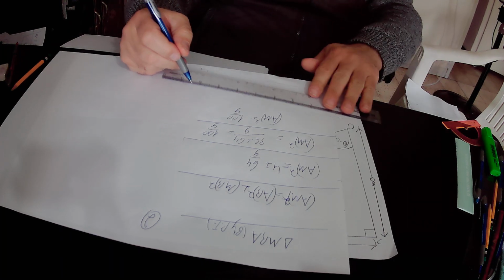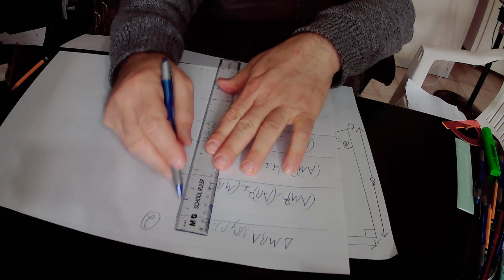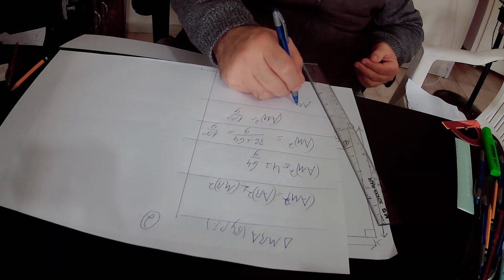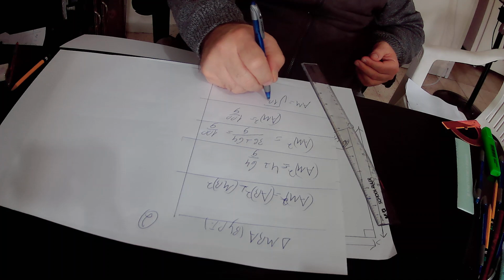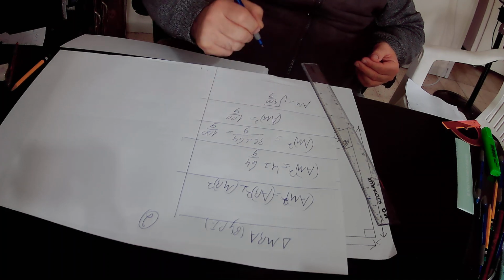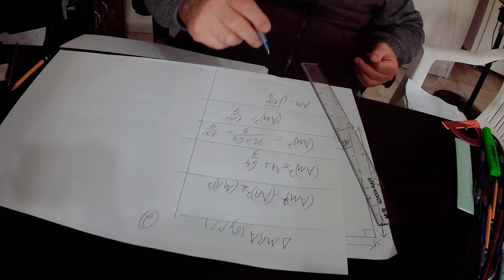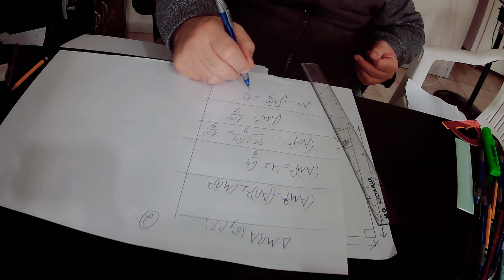Here we'll take a root for this equation, and we get that AM equals the square root of 100 over 9. The square root of 100 over 9 is the square root of 100, that is 10, over the square root of 9, that is 3.